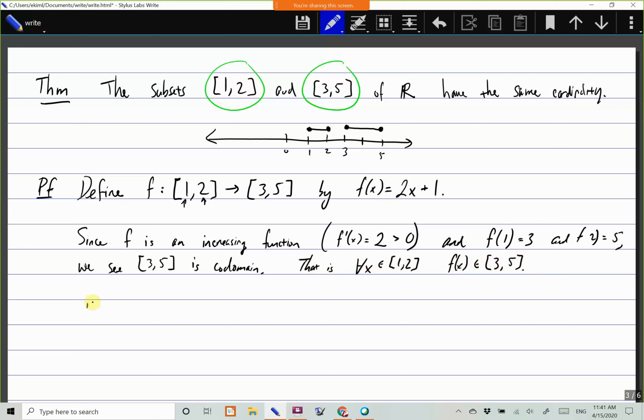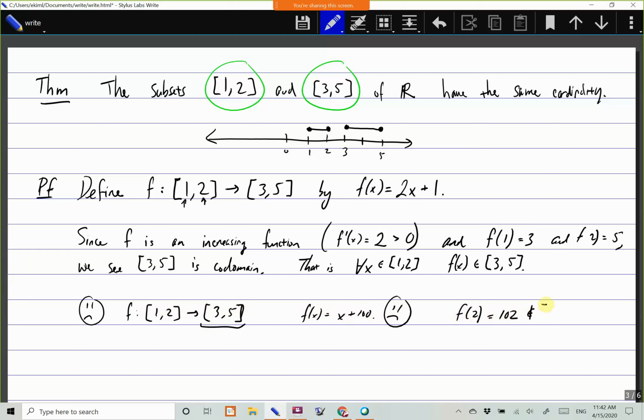So what I'm trying to say is here would have been a problem if I had said f from [1, 2] to [3, 5], and I'll just pick a rule that totally doesn't work, like f of x is equal to x plus 100. This is not going to work because if you just look at f of 2, that'll be 102, but that's not in the codomain, right?